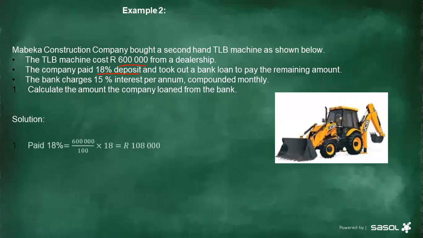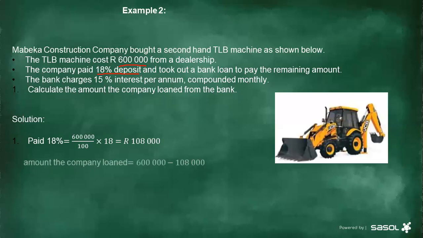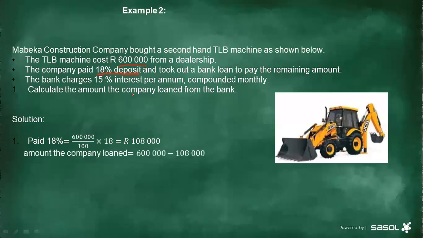Now, first we're going to calculate the 18% of 600,000. Then that amount is going to give us 108,000. Now, the amount the company loaned, because they loaned the remaining amount that we want to see.